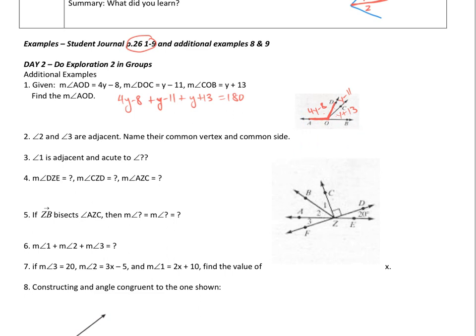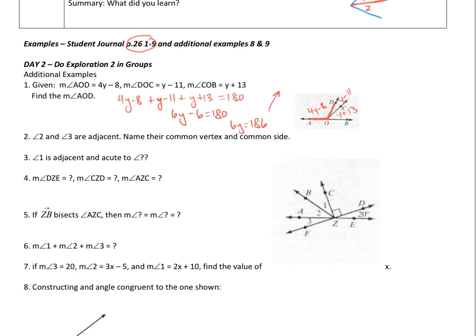All right, so let's work this out. 4y plus another y gives me 6y. And then negative 8 plus negative 11 is negative 19. And negative 19 plus 13 will give me negative 6 equals 180. So now I can bring the 6 over, so 6y equals 186.